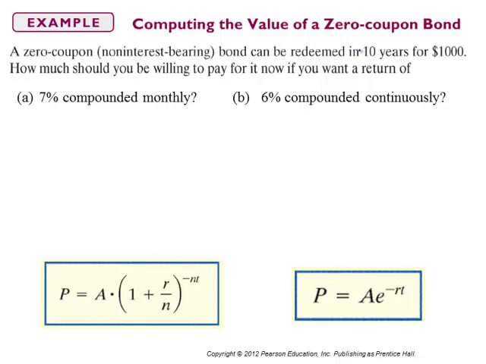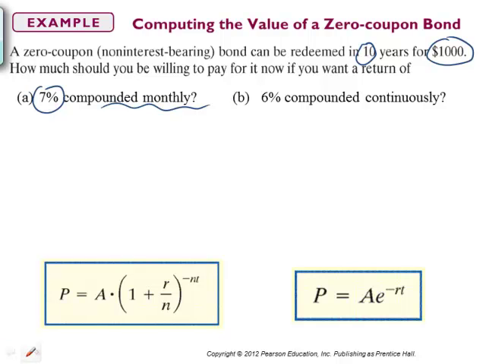Yes, we do, because we have a time period of 10 years, that's T. The value is $1,000. We're going to use that as our future value. 7% or 0.07, that's going to be our interest rate for part A of this problem. And then compounded monthly, that means N equals 12.